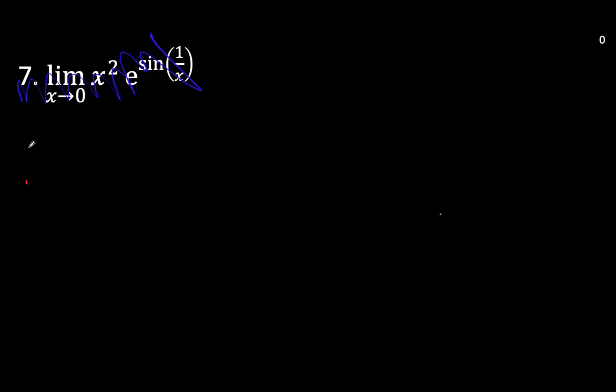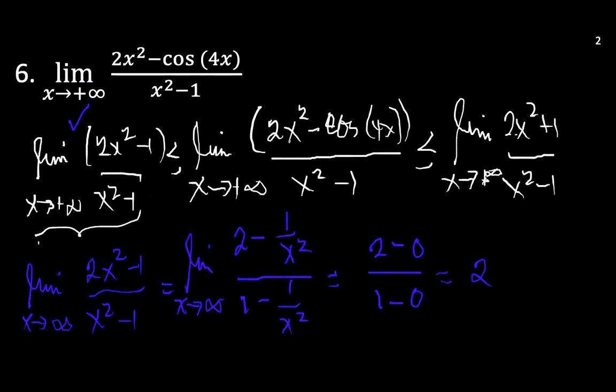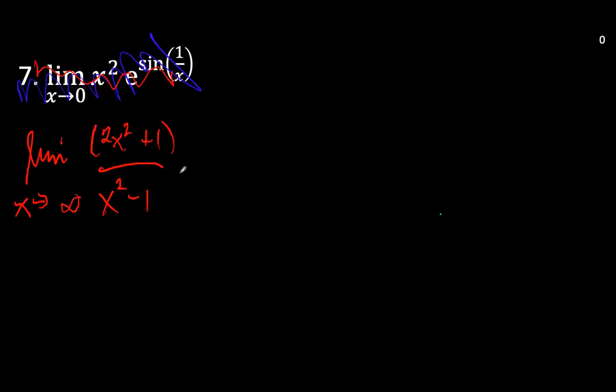The limit of 2x squared plus 1 over x squared minus 1 as x approaches infinity. Again, we're working on the right-hand side of the given inequality here. So how do we solve the limit of this function?